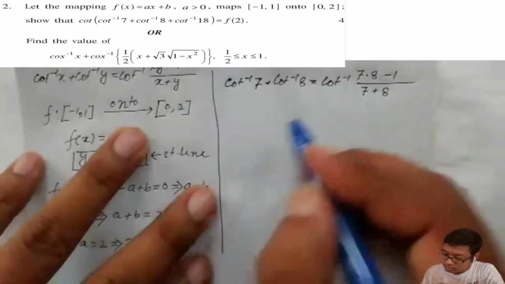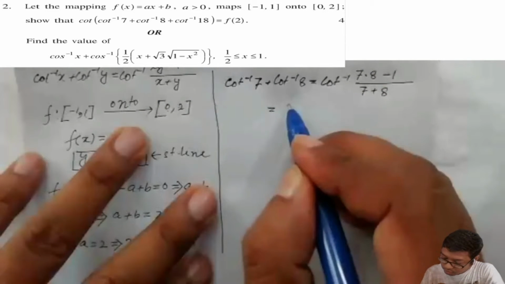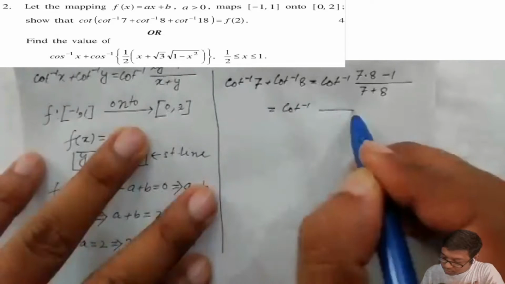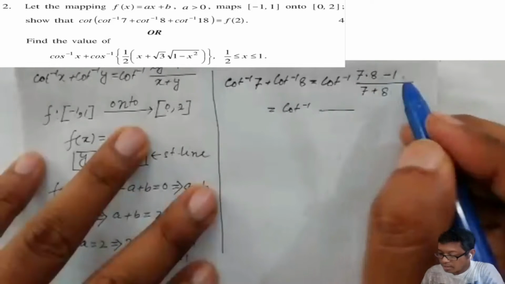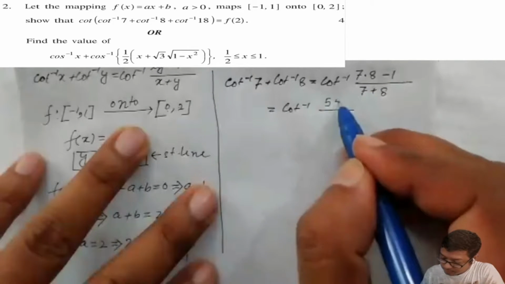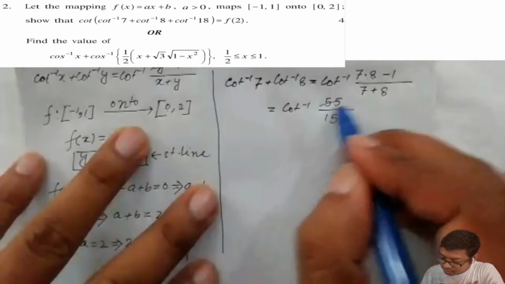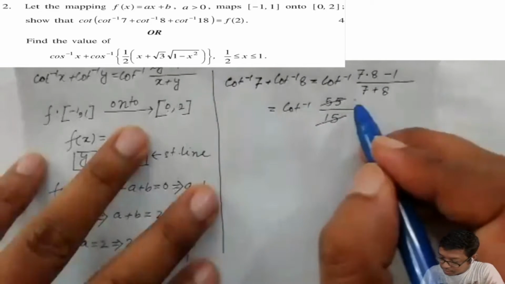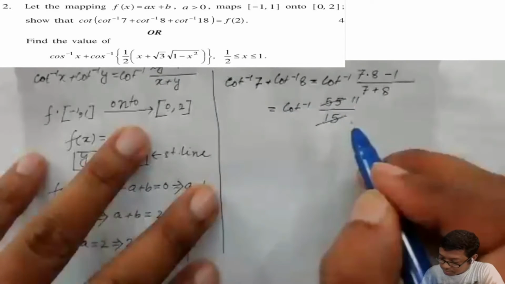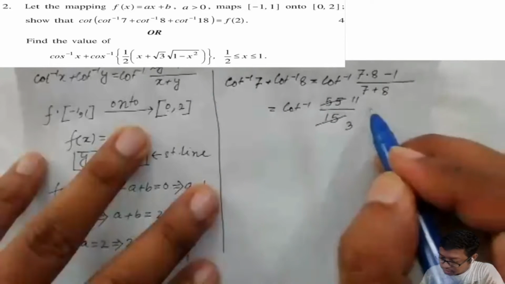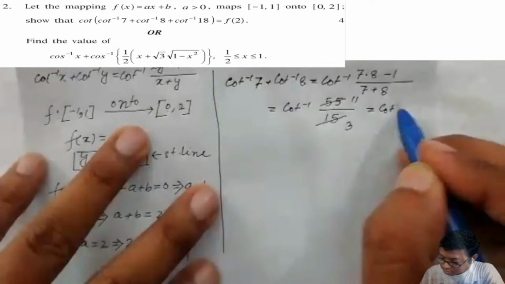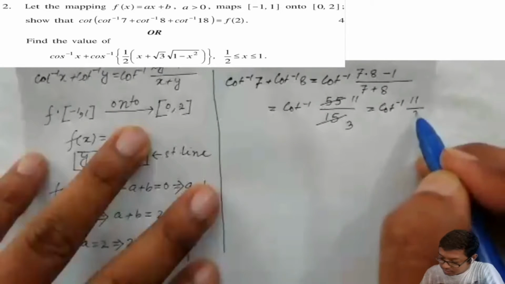So this is equal to cot⁻¹(55/15), since 7 into 8 is 56 minus 1 is 55, and 7 plus 8 is 15. So 5 is a common factor, so I can divide by 5. It becomes 11 and 3. So this is equal to cot⁻¹(11/3).